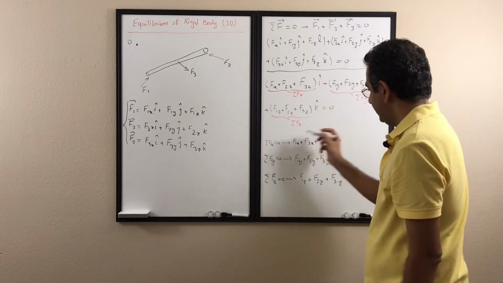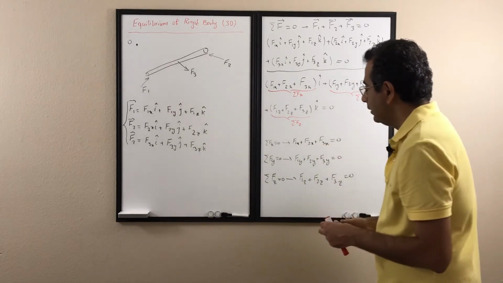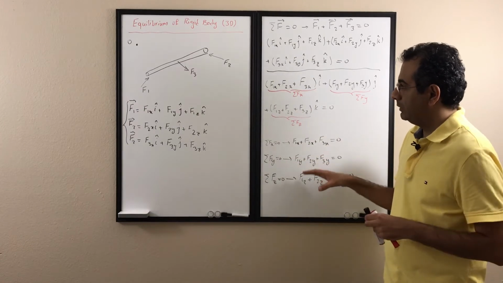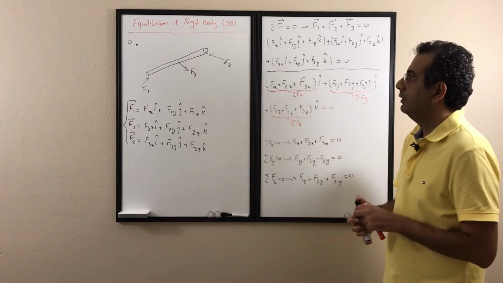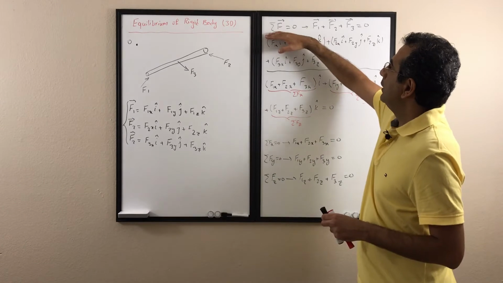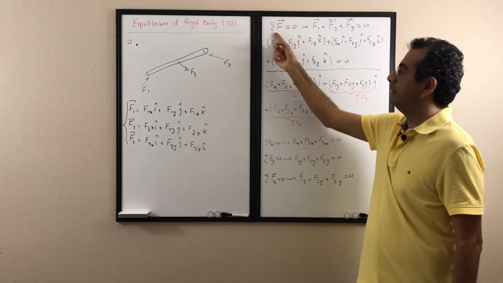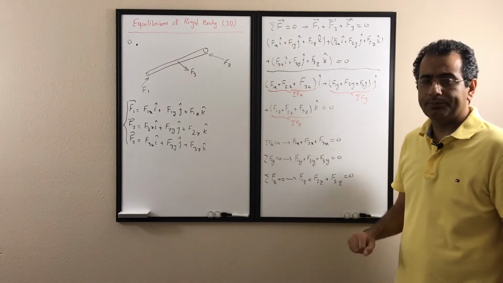So I have three equations here, and I can use them to solve my problem. These are the equations we get from making sigma F equal to 0. So we have these forces. If we add all the forces in a vector format, this is what we are going to get.